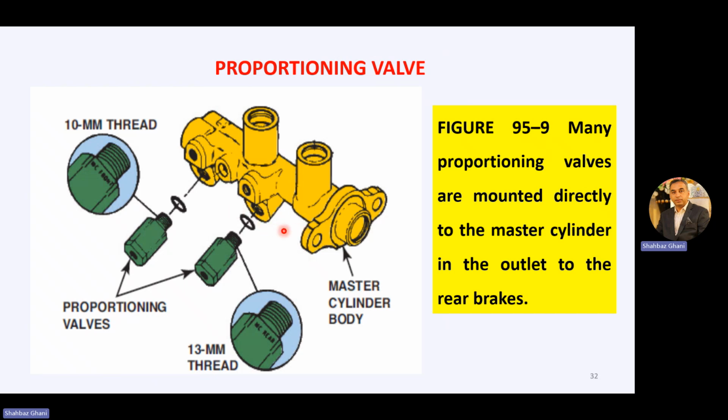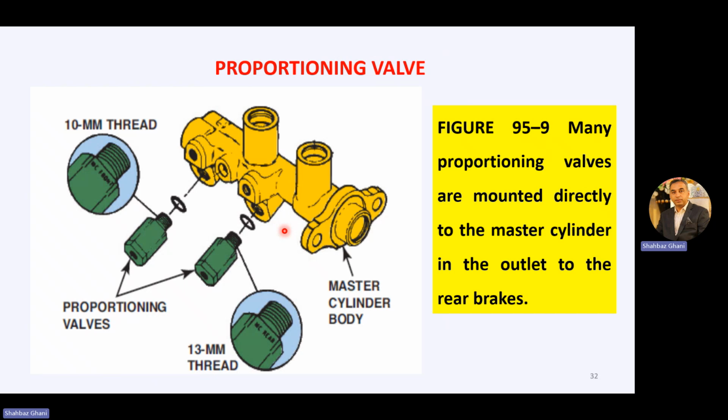In a stationary vehicle, the weight is on both the front wheels and the rear wheels. But when the vehicle is moving, there is a dynamic weight. We apply the brake, so the inertia or the weight will try to shift onto the front axle from the rear axle, and the rear axle will try to lift up.